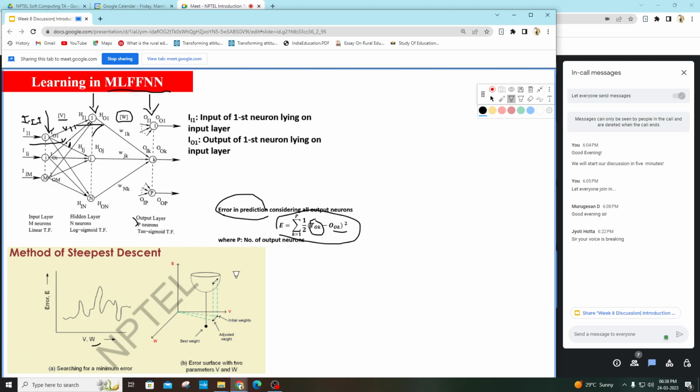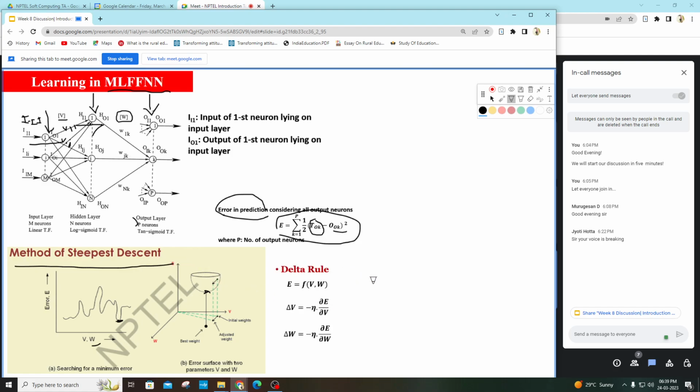So our aim is to go increment by increment to reach this point. Why are we interested in reaching this point? Because at this point the error is minimal, okay? So that is how our network is learning.